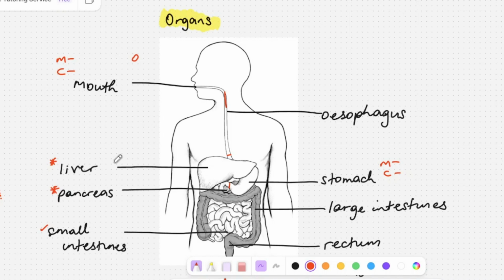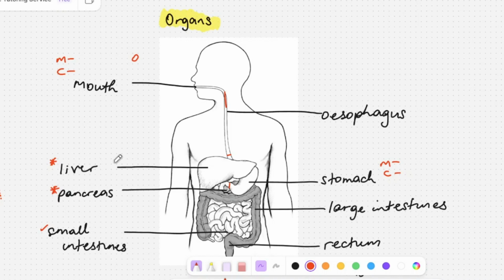And reason being, we should be familiar with the fact that enzymes are specific to temperature as well as pH. So the pH that is necessary for these enzymes that are being released into the small intestines to work is not that of an acidic nature. So this is why it's very important for that base to be secreted to neutralize the environment, thus allowing the enzymes to work at their optimum, which means that they are working at their best.